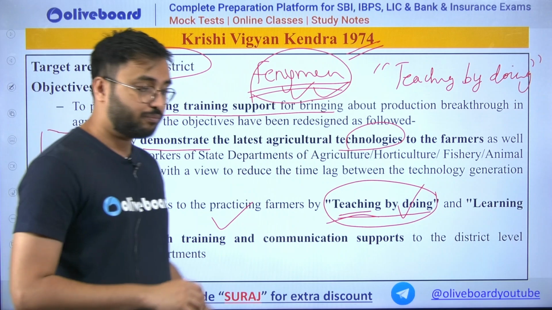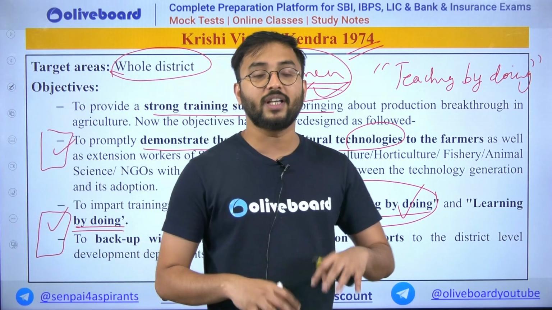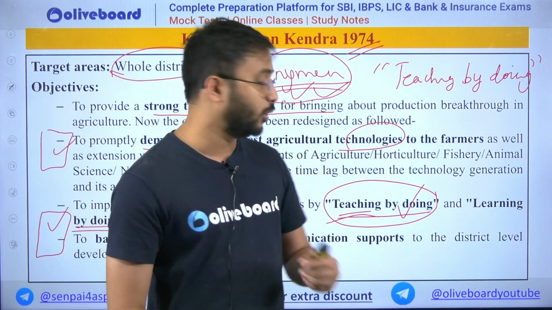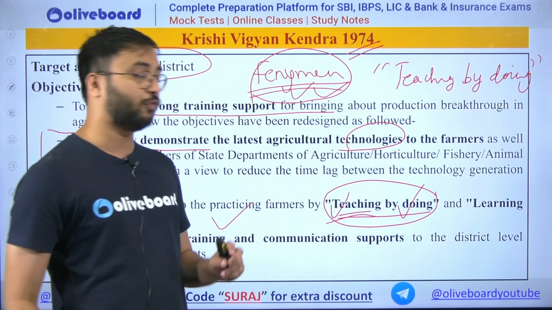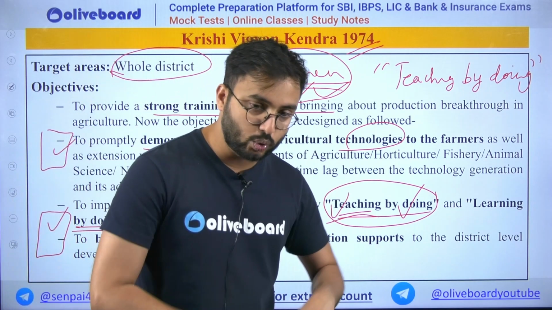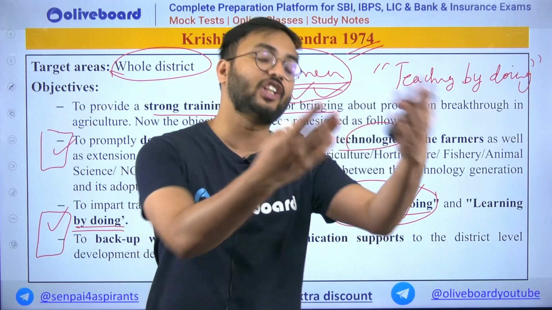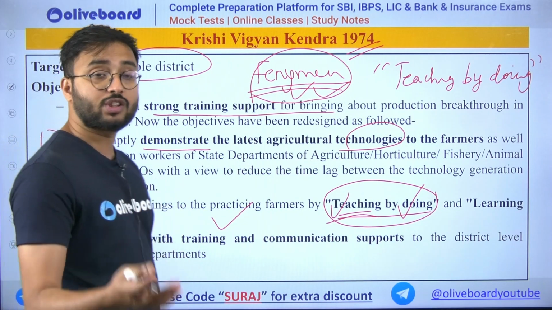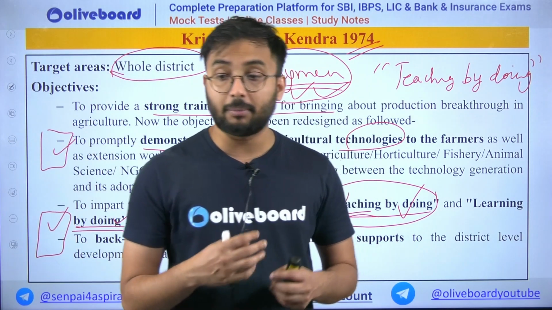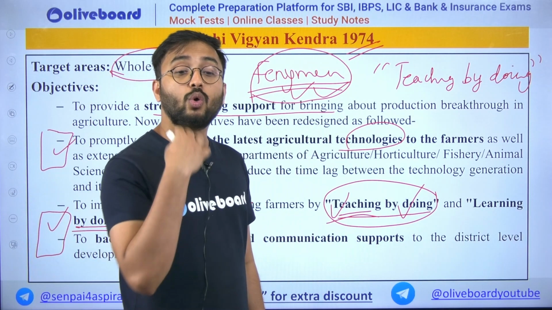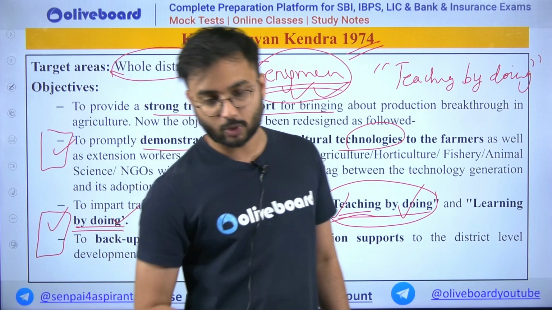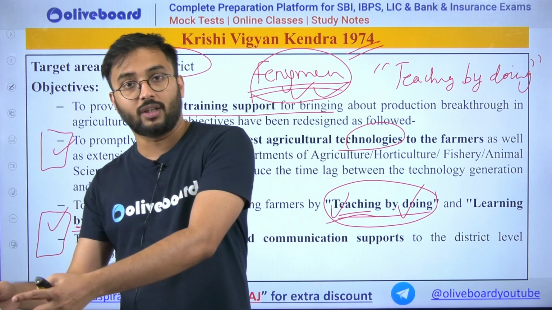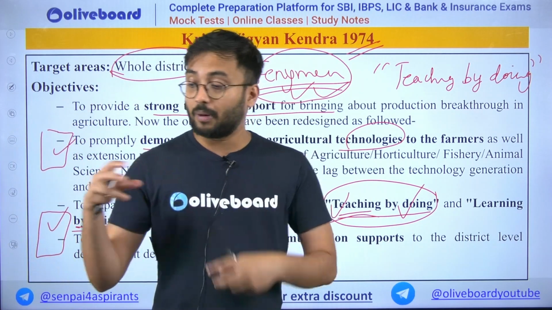So the person who is demonstrating would be using the principle of teaching by doing. He is doing something, performing something and teaching people. And learning by doing applies to the person who would be gaining knowledge, the person who is looking at that particular demonstration. By looking at the demonstration, now he is learning by doing.